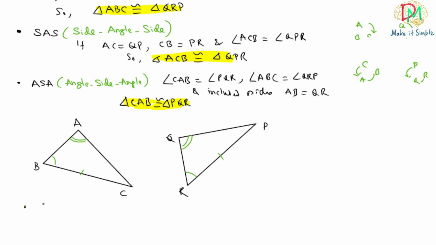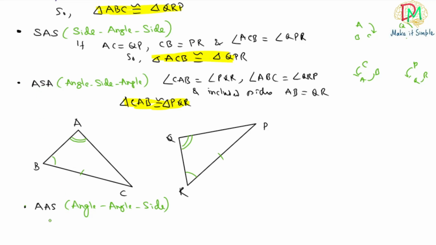Next we learn angle angle side congruency. Before that, we should know the difference between ASA and AAS, because in these two types, two angles and one side are considered.